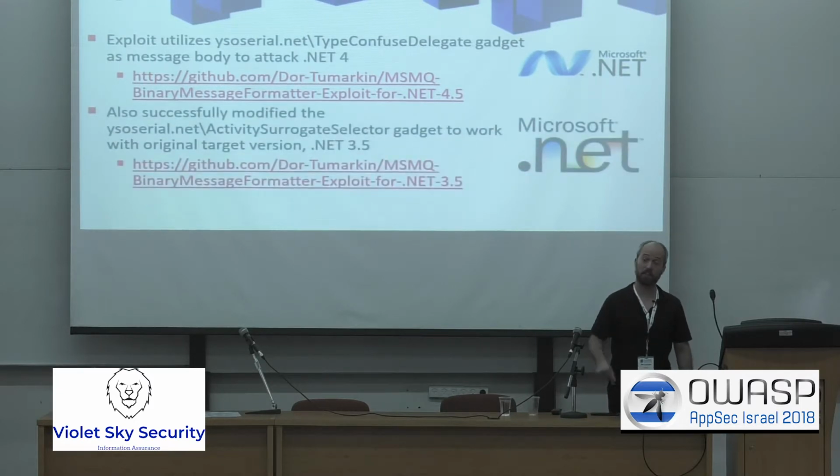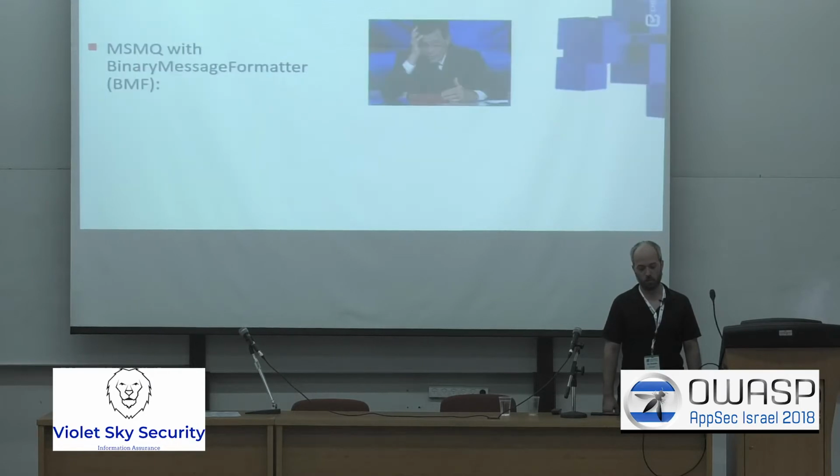But what we did find after some research is that there are some ways to convert some deserialization attacks back to .NET 3.5. This is one of them. This code is vulnerable all the way back to 3.5, meaning that anything using this from 2007 is vulnerable. I'll give you some context about that later.